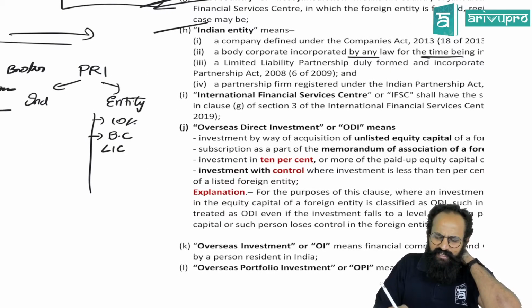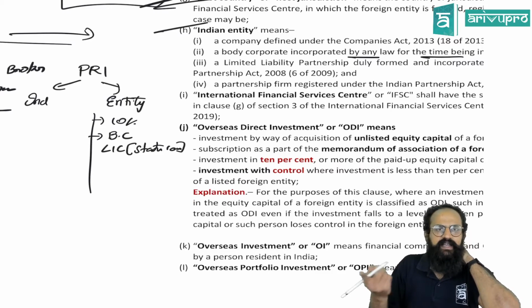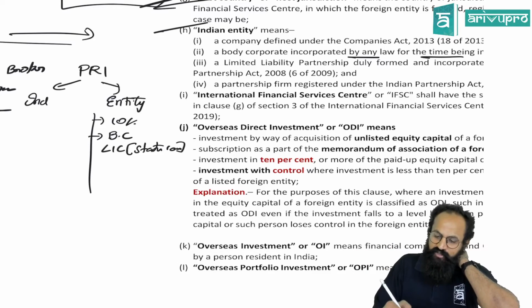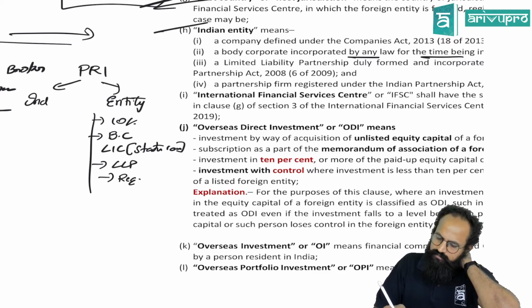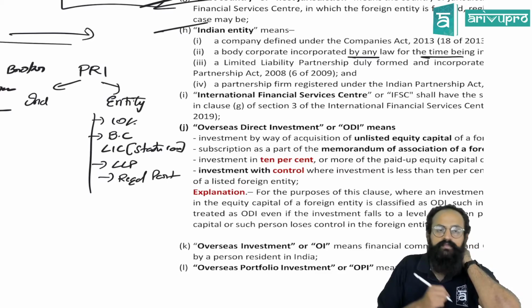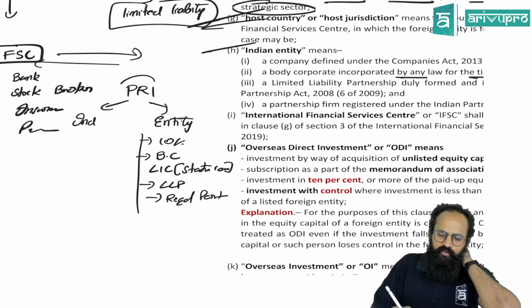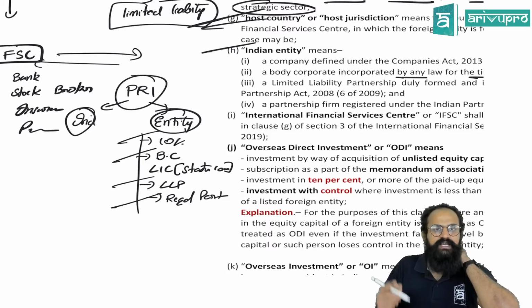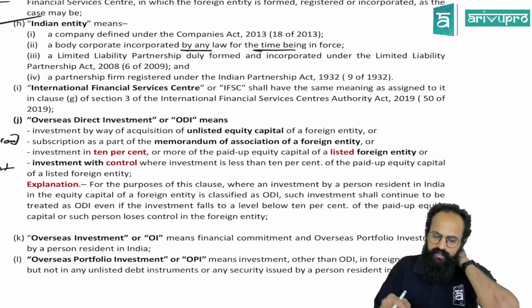So basically, they're telling you statutory companies, RBI, your ICSI, all these are statutory companies, right? Because of law, the companies came into picture. So they're telling about that. Third one, LLP. The fourth one is your registered partnership. So whenever I say PRI going forward, it includes individual as well as entity. Entity includes company, body corporate, LLP as well as registered partnership. This is clear or done.